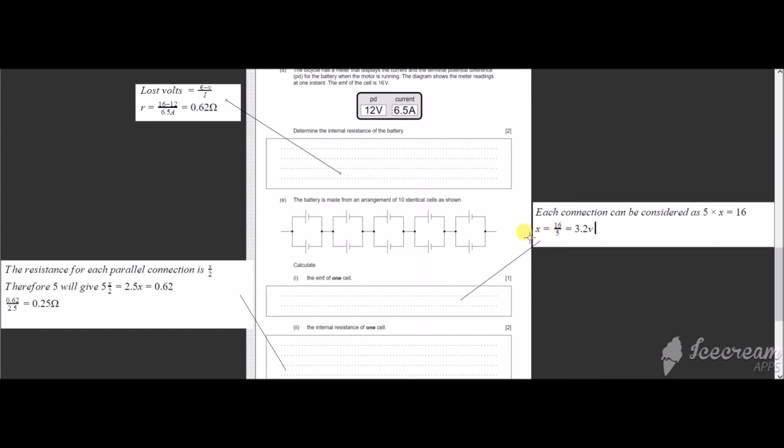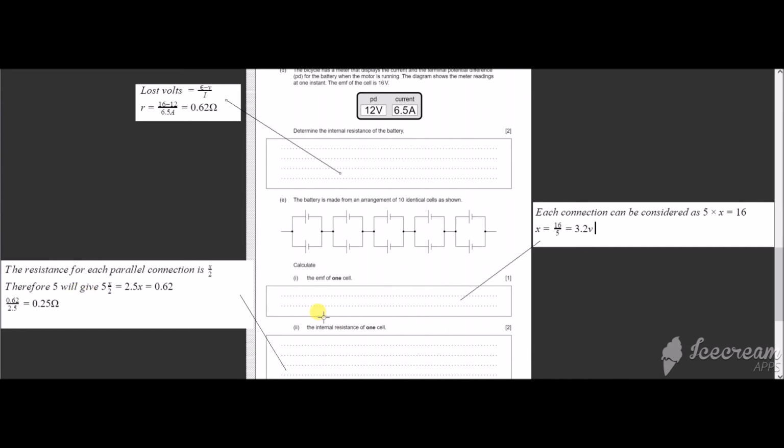Therefore x will be equal to 16 over 5, as 5 cells are shown. So that will be equal to 3.2 volts, and that's the answer you'll get for part 1 of E.